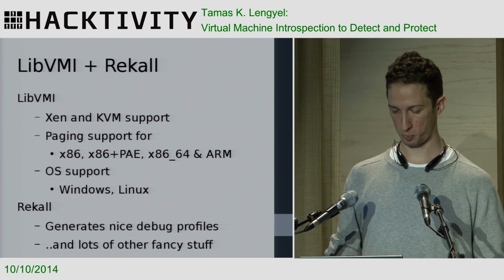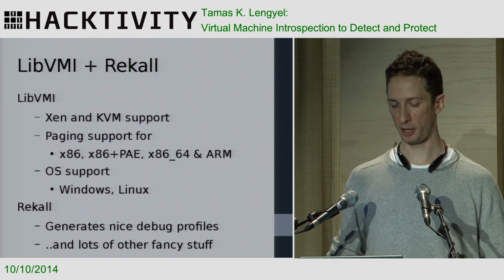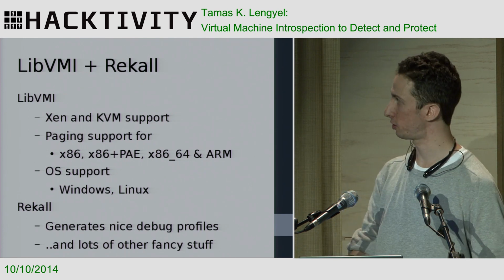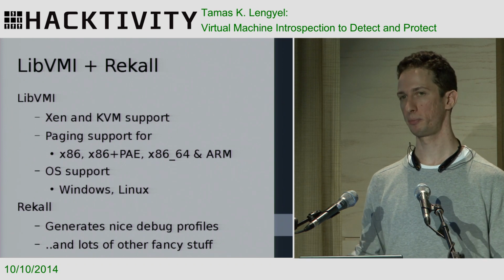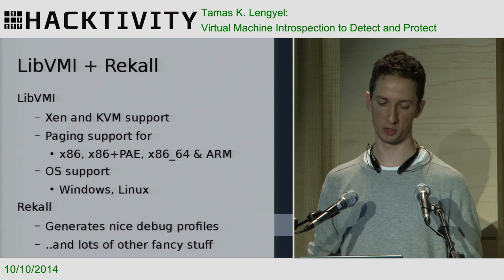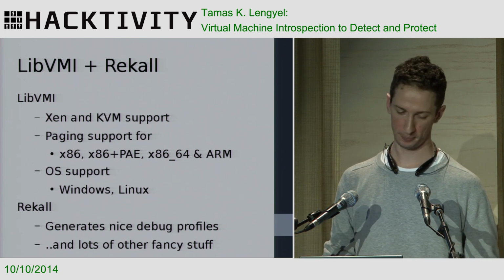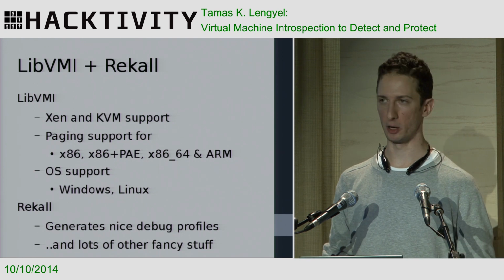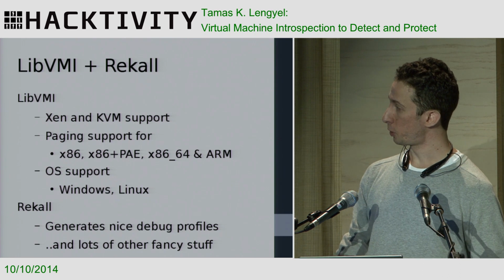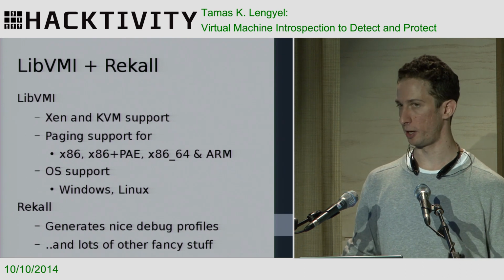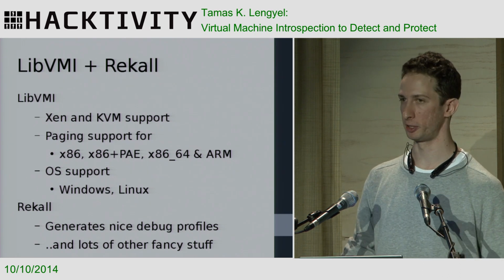It also supports pretty much all of the paging systems out there today, so all of the x86 and 64-bit paging modes. Recently, we also added the ARM paging mode, so you can now use this library with Xen on ARM. It also supports Windows and Linux. We also use Rekall, which is a public fork of Volatility by Google.